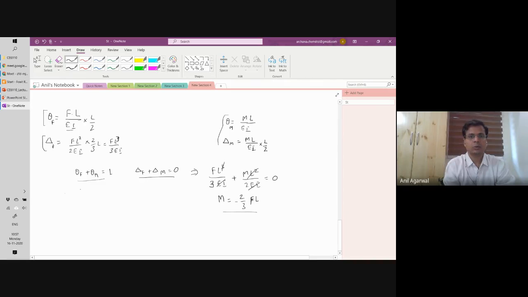Now, coming back to this one, theta f plus theta m. This is basically theta f is equal to f l square by 2ei plus m l by ei is equal to 1. Substituting the value of m, I get f l square by 2ei minus 2 by 3 f l square by ei is equal to 1.